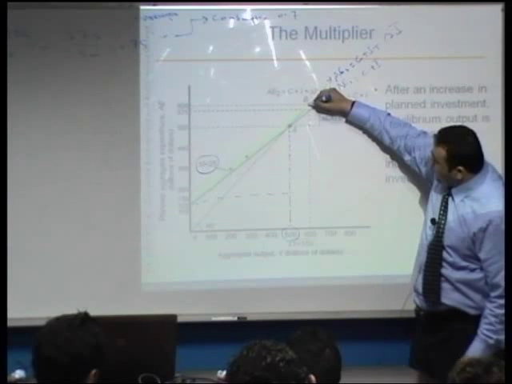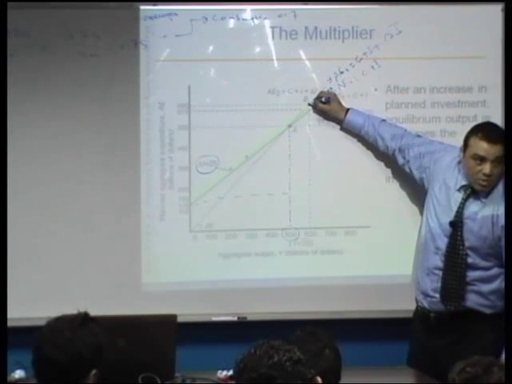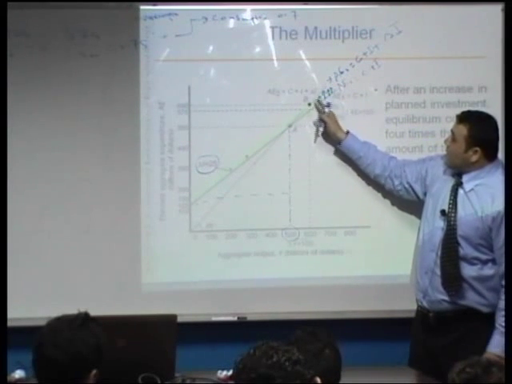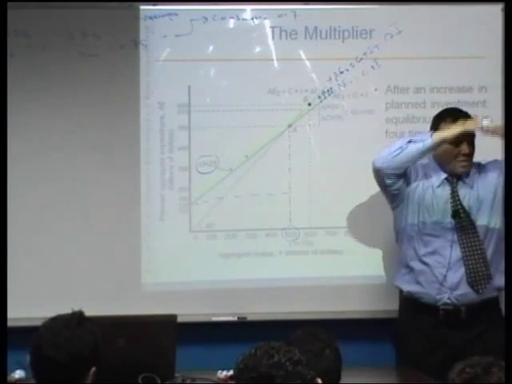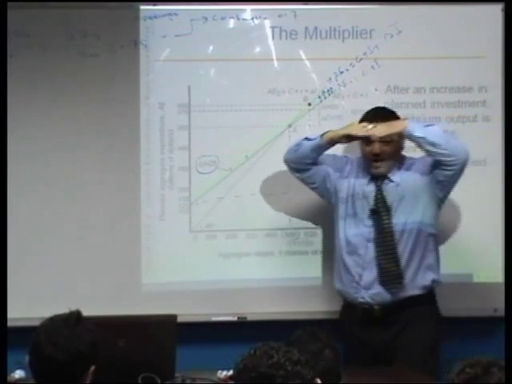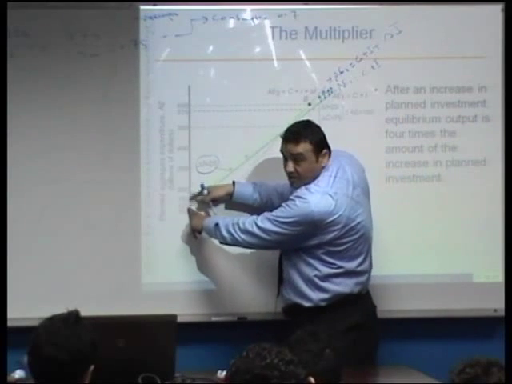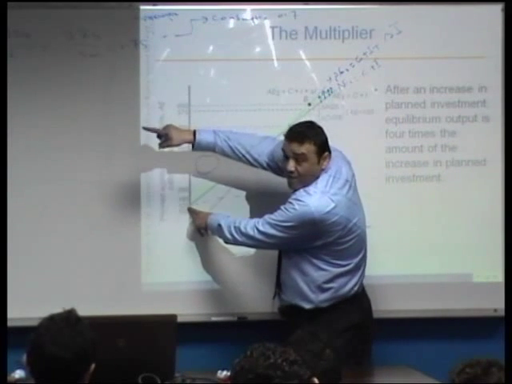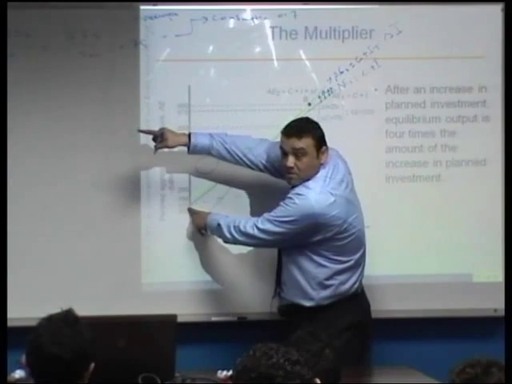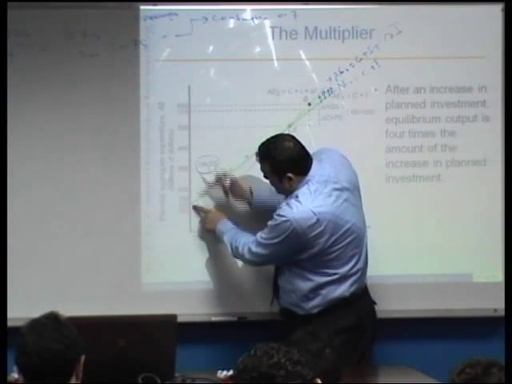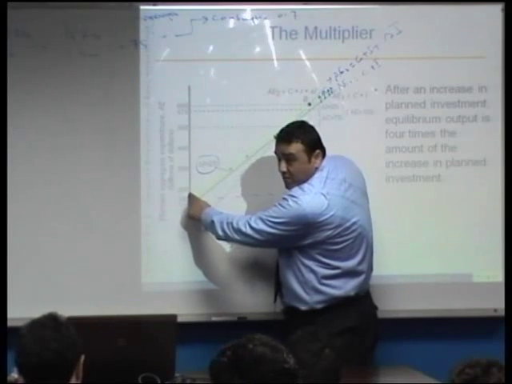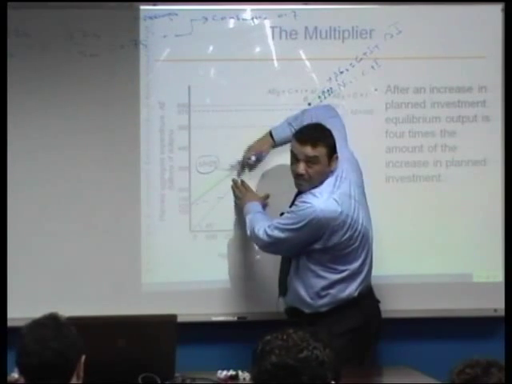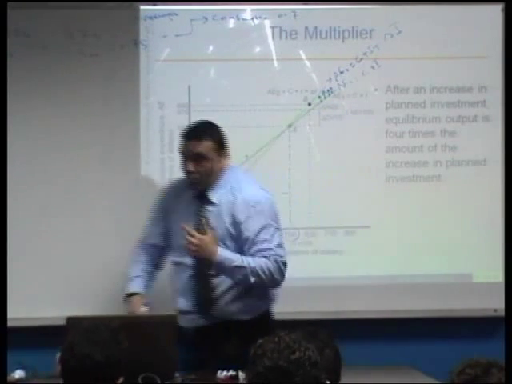So what do you see? We have a new equilibrium point, when Y equals aggregate expenditure 2, because the function rose from 125 to 150, the value of autonomous investment, and we have the same slope, right?